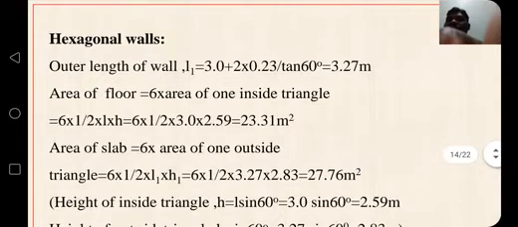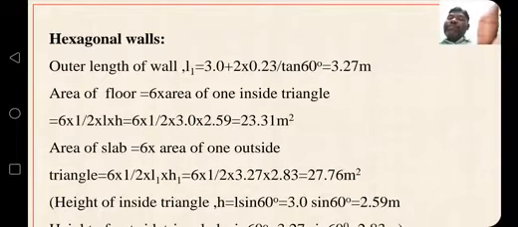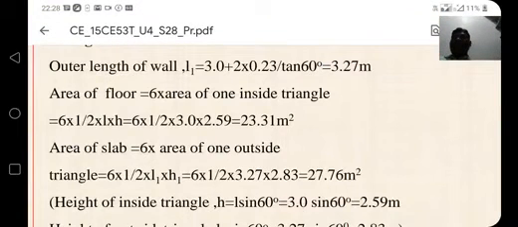Hexagonal walls, so outer length of the wall L1 is equal to 3 plus 2 into 0.23 by tan 60 degree, 3.27 meters. Area of floor: 6 into area of one inside triangle, 6 into half into L into H, 6 into half into 3 into 2.59. 3 is the width of the inside length of the wall, 2.59 is the height, equal to 23.31 meter square.